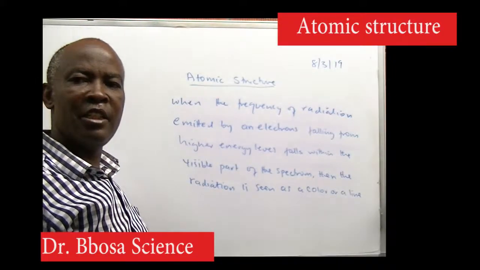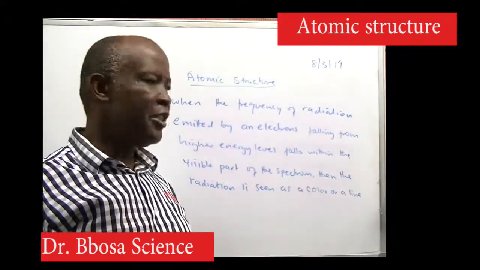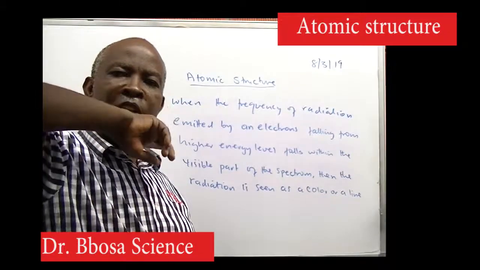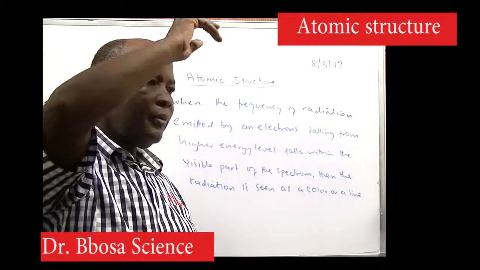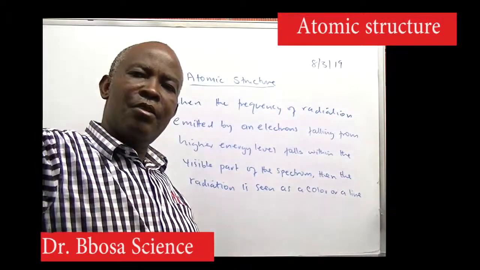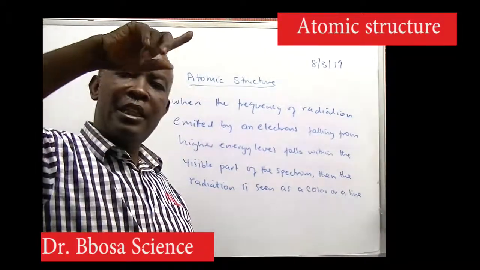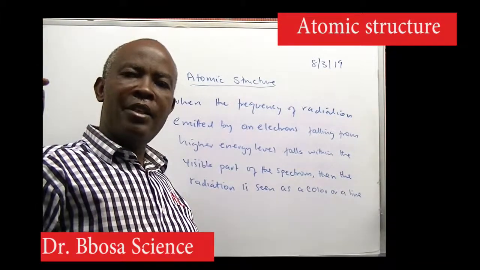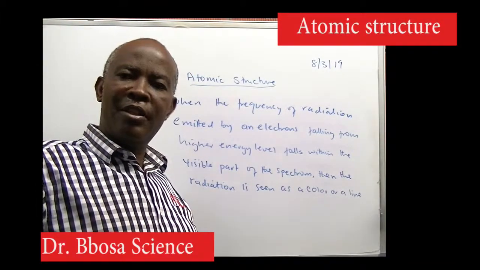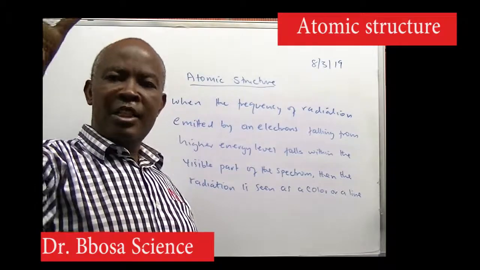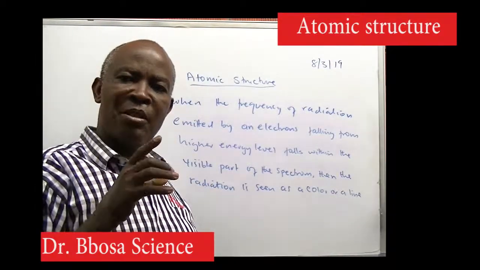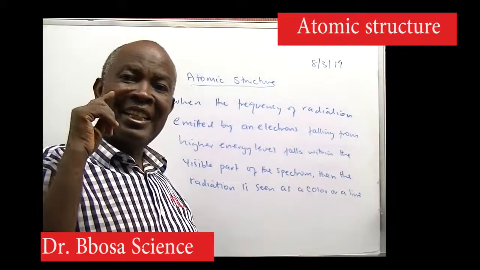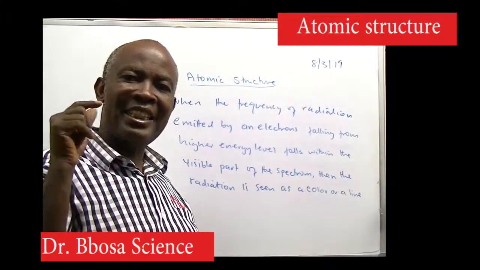In physics, you will know that radiation is made up of gamma rays, X-rays, UV light, visible light, infrared, and radio waves. So it's only in that small part of the spectrum called the visible part where our eyes can detect the frequencies as colors.